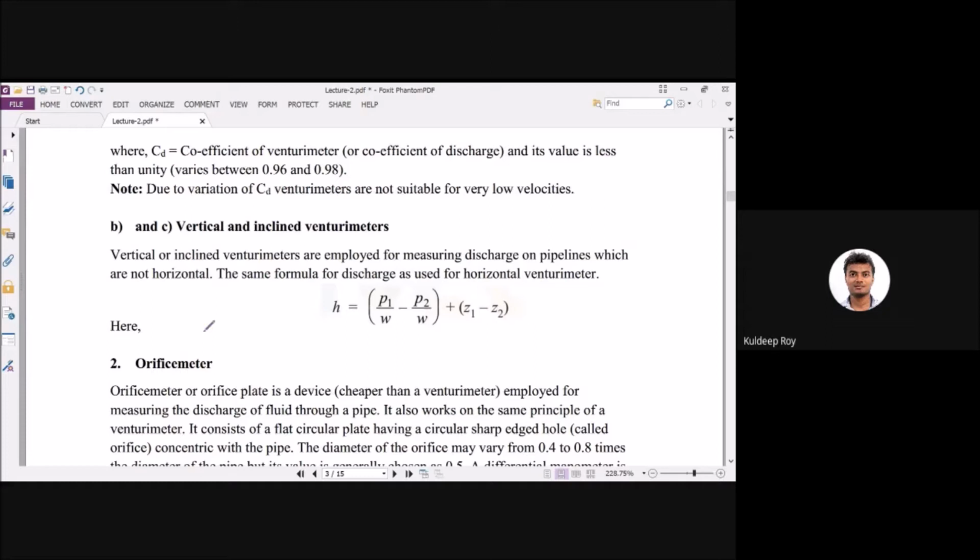Vertical means if the fluid is flowing from the ground to a particular floor, say third floor, fourth floor, and you apply a Venturi, then you have some height, so there will be Z1 and Z2, and here P1 and P2 will be there. Now you can see the same formula for the discharge is used as for the horizontal Venturi.